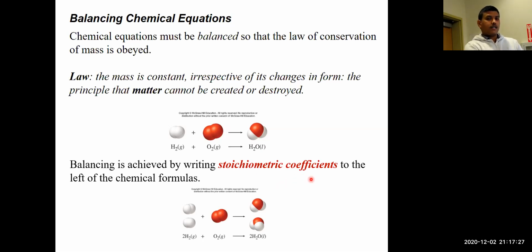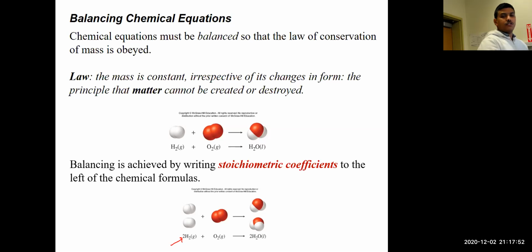Stoichiometric coefficients are the balanced ratios of coefficients between reactants and products. So these are the coefficients that you are looking at. Do you see the 2 in front of H2? Specifically, let me write it or point it out.